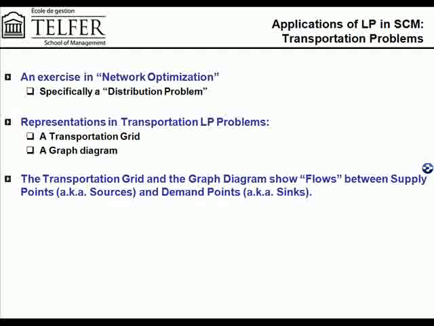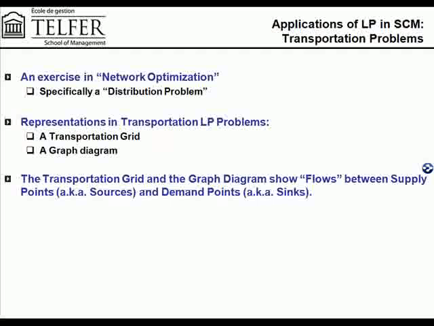Transportation problems are typically categorized under network optimization, or supply network planning specifically, or these can be referred to as distribution problems as well, because what you're trying to do is come up with the best possible solution to distribute raw materials or components or a finished product from various supply points to demand points, incurring the least possible cost of transportation.